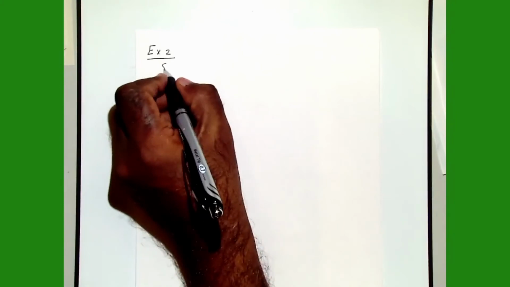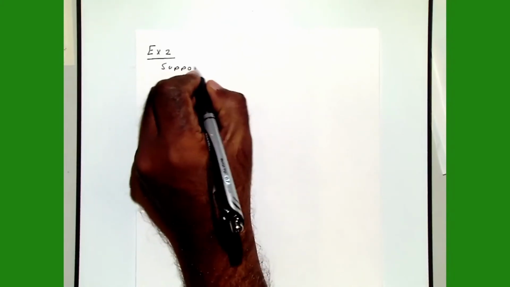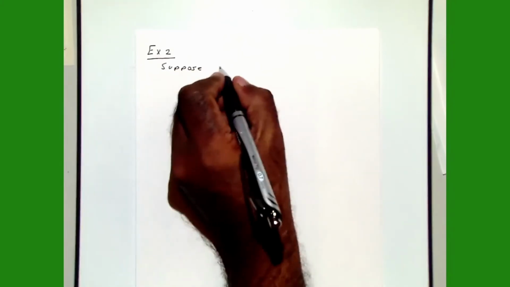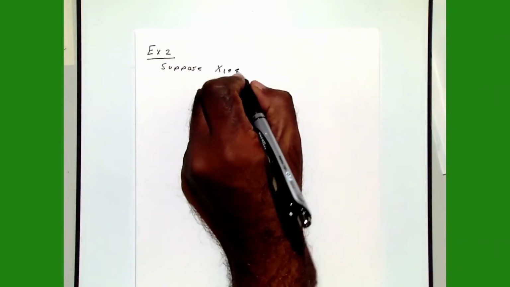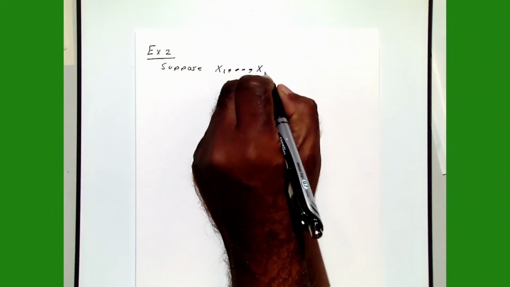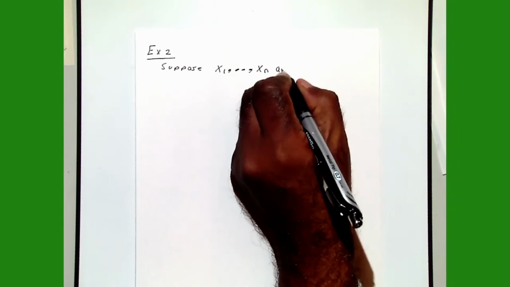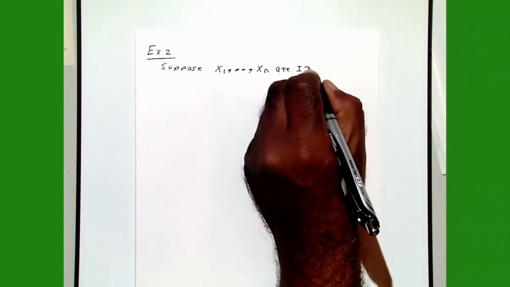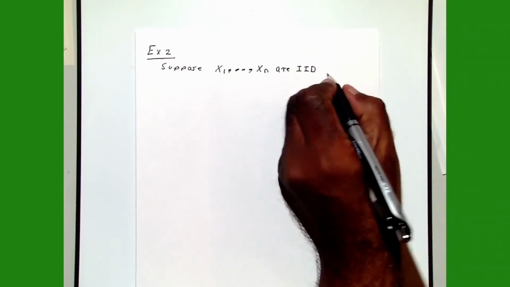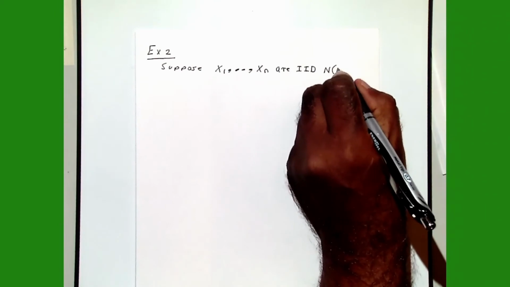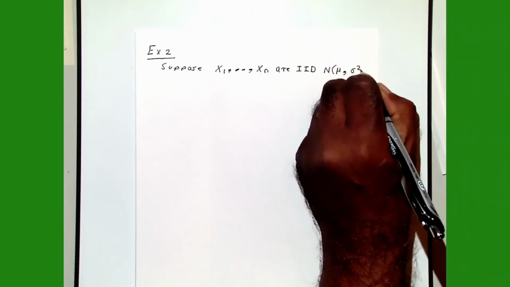Now suppose the losses x1 to xn are IID normal with these parameters.